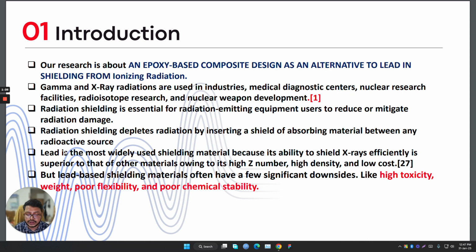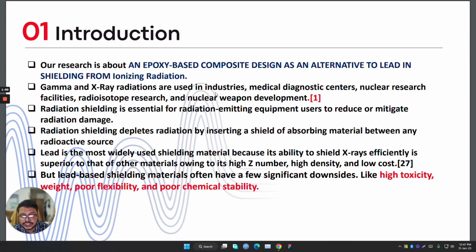First, I would like to give an overview about our research and why it is important to go further with research. Our research is about an epoxy-based composite design as an alternative to lead in shielding from ionization radiation.